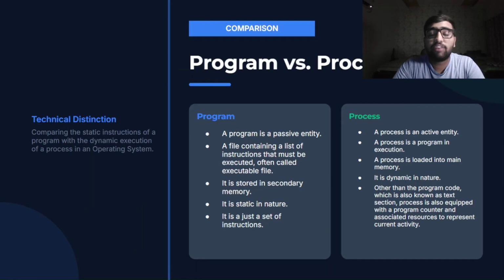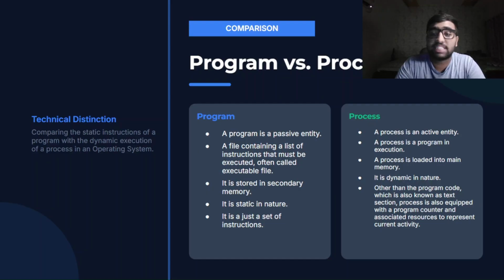So now let's clear a very common point of confusion: what is the difference between a program and a process? A program is a passive entity, whereas a process is an active entity. A program is a file containing a list of instructions that must be executed, often called an executable file. So when this file is executed, it is called a process.